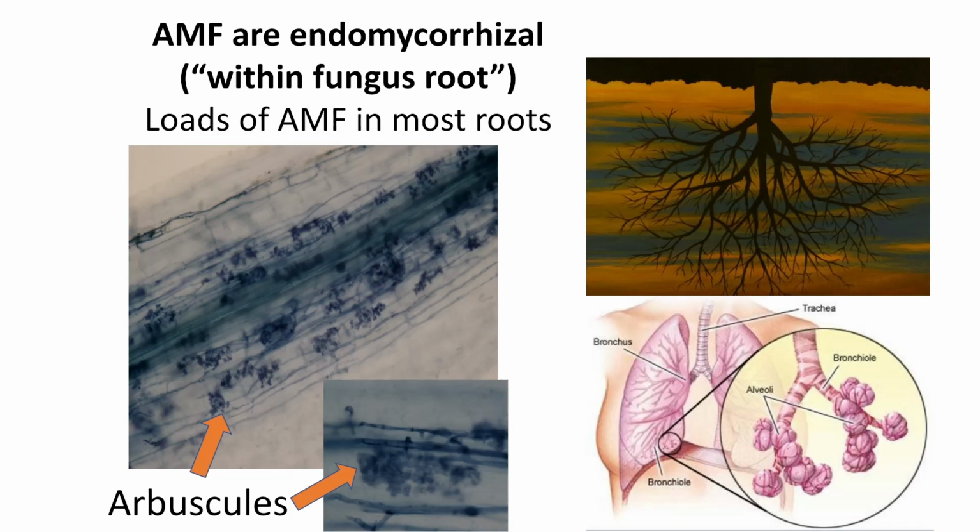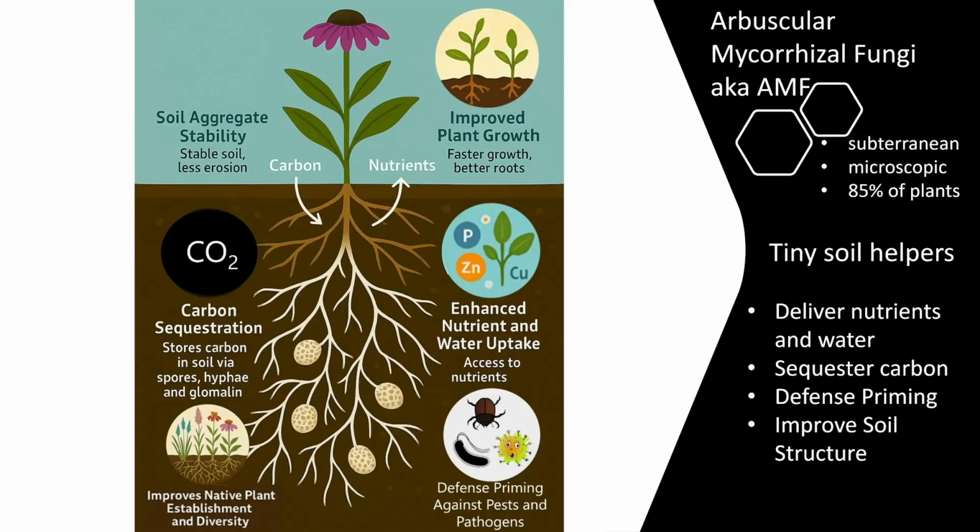And these fungi do a lot of things besides provide plant nutrients, although they're mostly known for that. For example, all of that hyphae in the soil is really good at binding soil together and can help with soil erosion issues. The fungi themselves are carbon, and some of the fungal structures are really tough and can stay in the soil for a long time. So it's a type of carbon sink too.